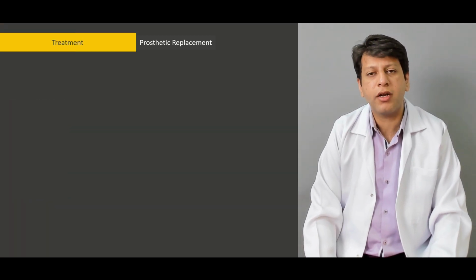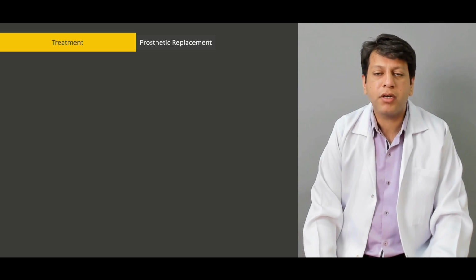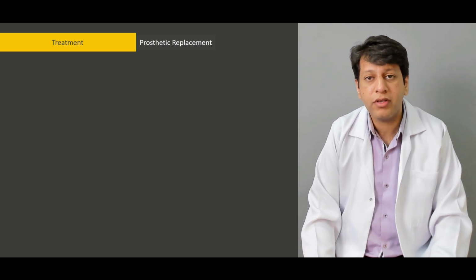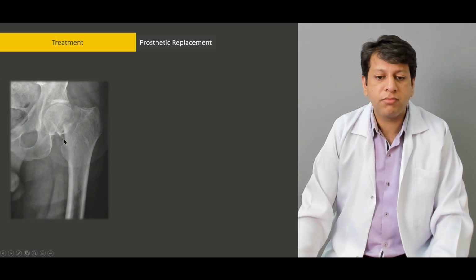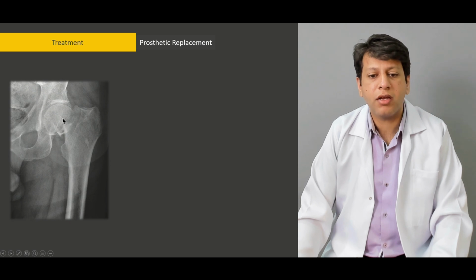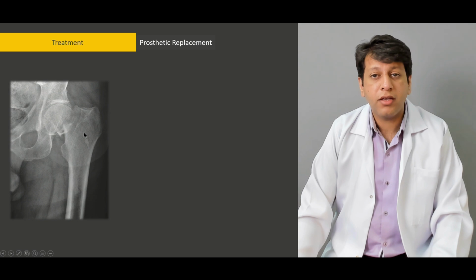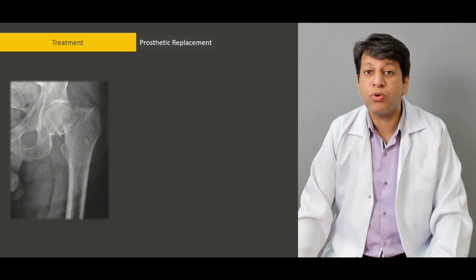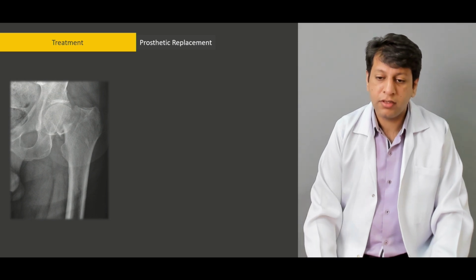Now coming to the prosthetic replacement. If, for example, the same patient had a neck of femur fracture but his or her age was above 60, let's say a 65-year-old female or male comes to you with this sort of history, then you have to go for prosthetic replacement, either in the form of total hip replacement or hemiarthroplasty.